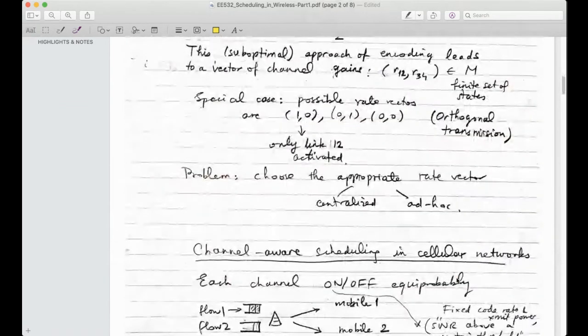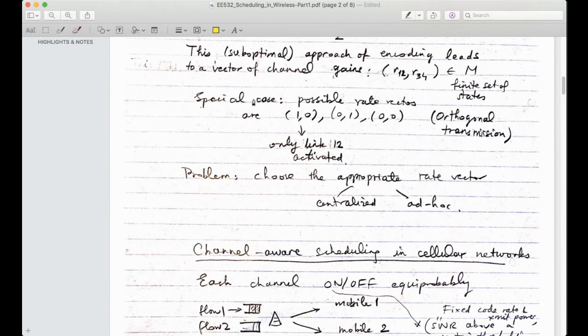Let's see. This suboptimal approach of encoding leads to a vector of rates R12, R34. These live inside a finite set, M, which could be a finite set of states if our possible channel gains and power levels form a finite set. Let's take a special case of orthogonal transmission where we don't let the two users transmit at the same time.